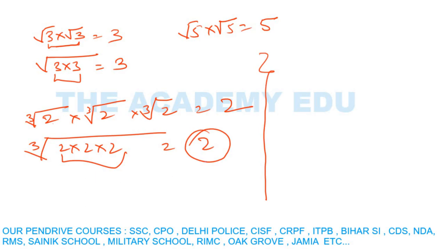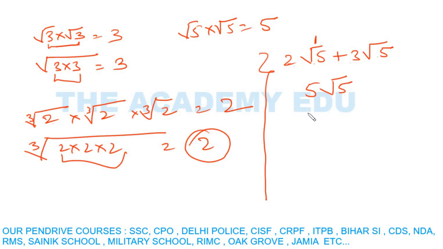One more thing. Suppose I tell you there is 2 root 5 plus 3 root 5. You can add it. Suppose root 5 means mango. So 2 mango plus 3 mango is 5 mango, 5 root 5.